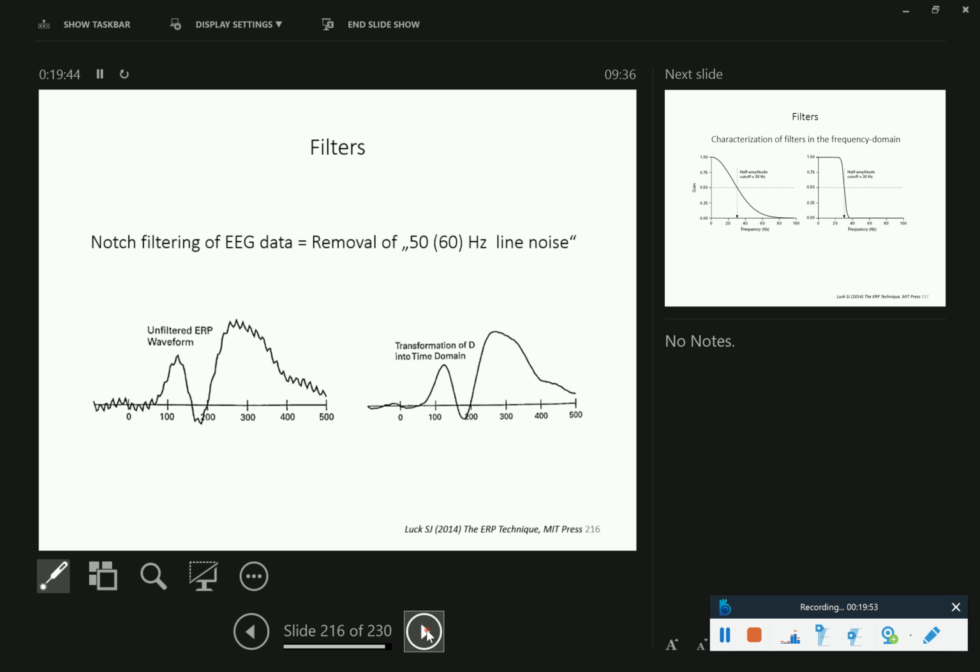Notch filtering is fairly straightforward if one just wants to remove a certain frequency component.